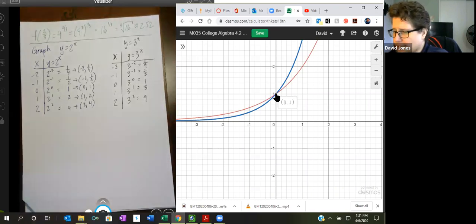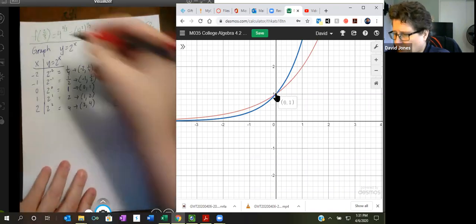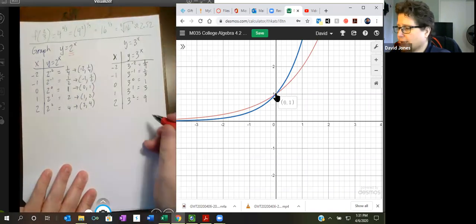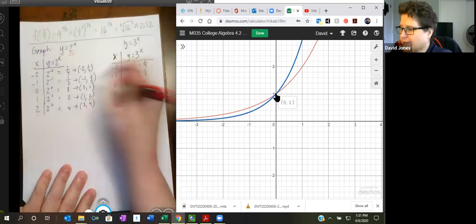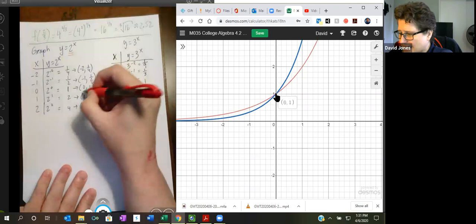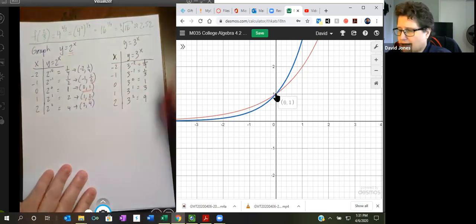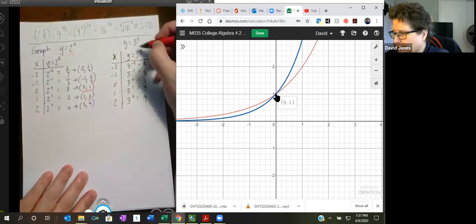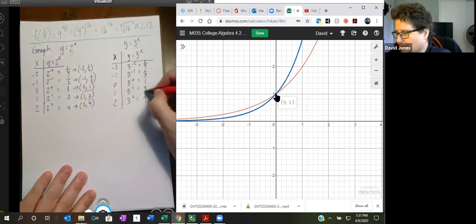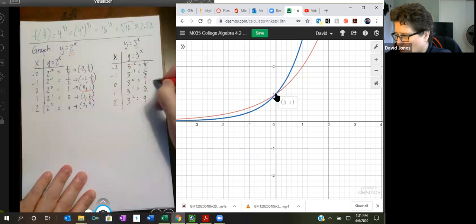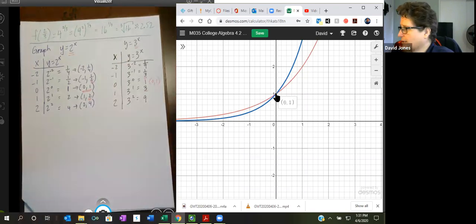You'll notice we had a 2 here. This is a 2, and that's a 2. And that's 0, 1. We had a 3 here. This is a 3, and that's a 3. And this coordinate in the middle is 0, 1.